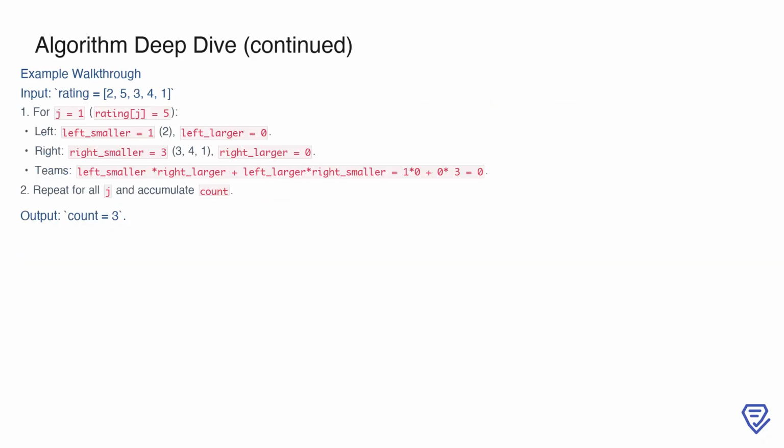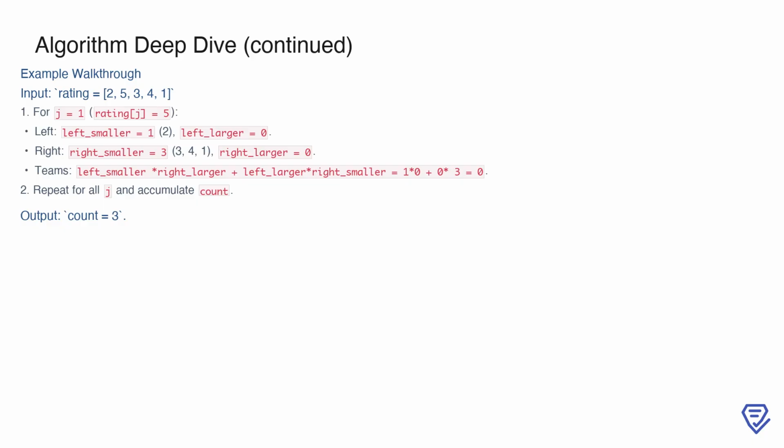To illustrate the algorithm, let's walk through an example with the input array rating = [2, 5, 3, 4, 1]. When j equals 1, the middle element is rating[j] = 5. To the left of j, there is one smaller element, 2, so left_smaller equals 1, and no larger elements, so left_larger equals 0.